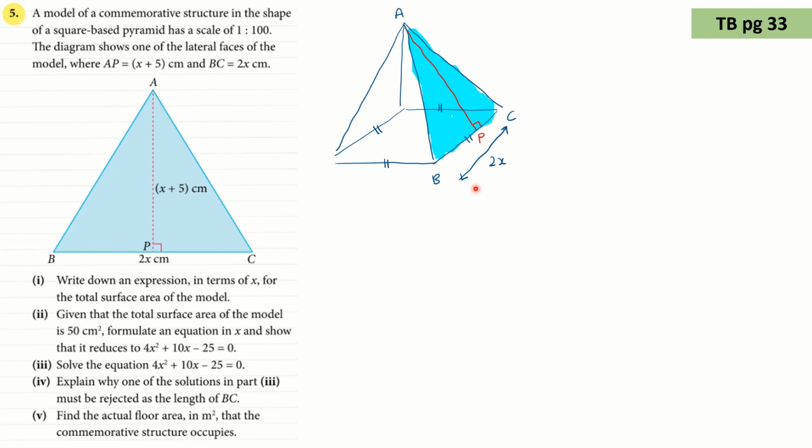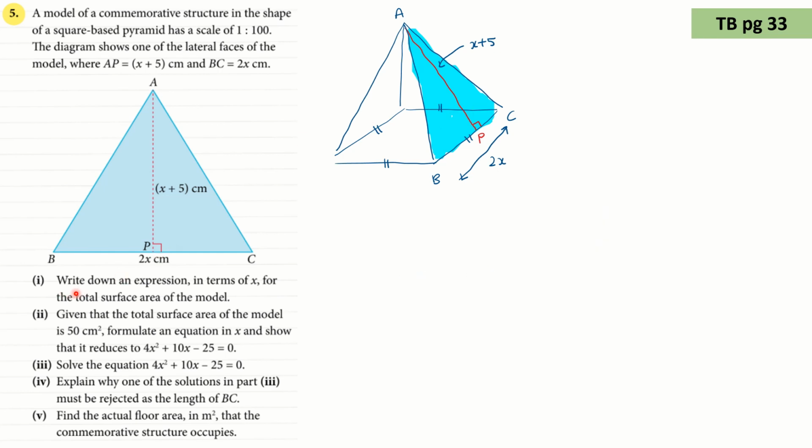But I think that is not important information for us to solve the remaining parts of this question. However, this diagram is very helpful for us to understand the entire question at this stage. I also forgot to indicate my AP over here, which is x plus 5 cm. Oops, I'm sorry, let me go back.